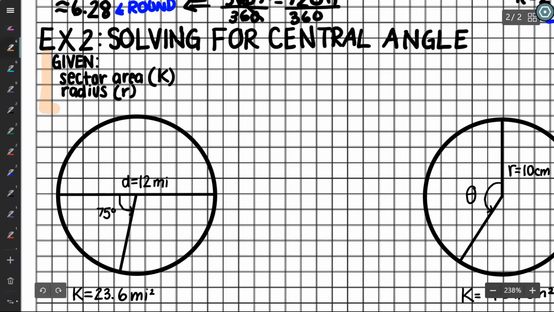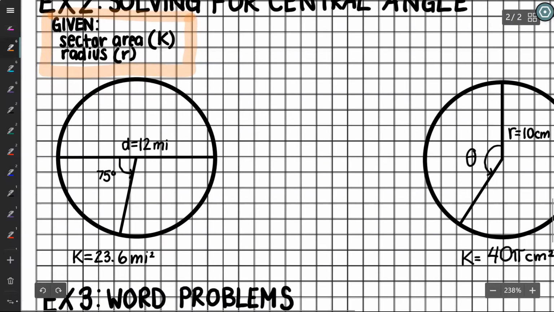So here the problem tells us that our k is equal to 23.6 miles squared, and our diameter is 12 miles, which means our radius is 6 miles.